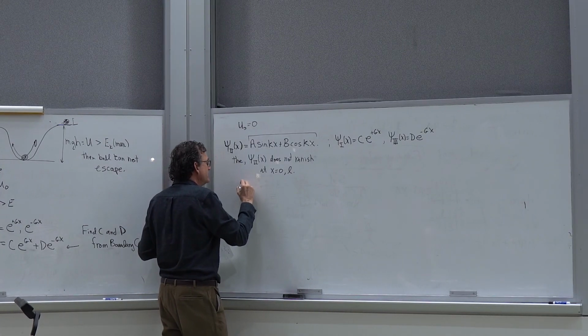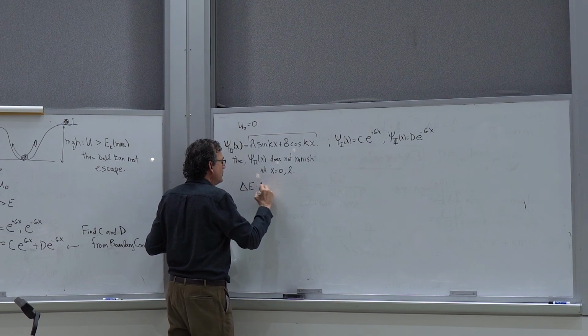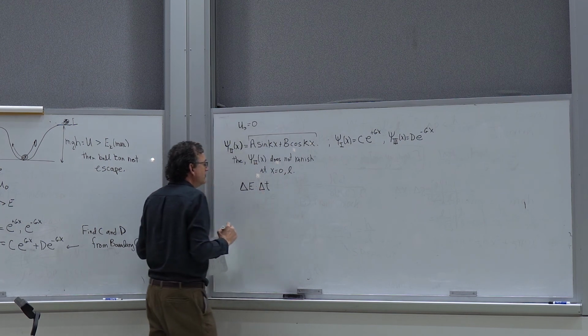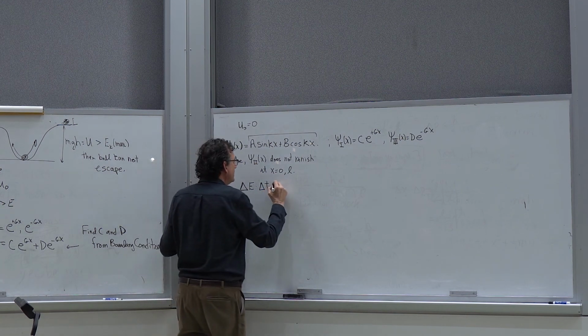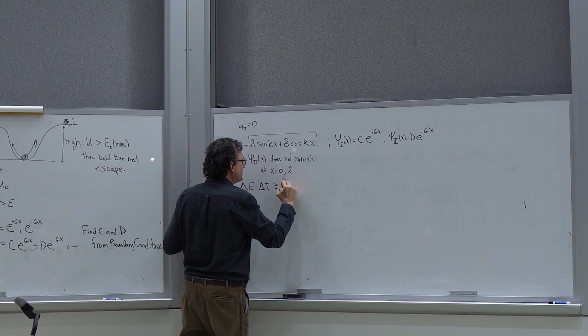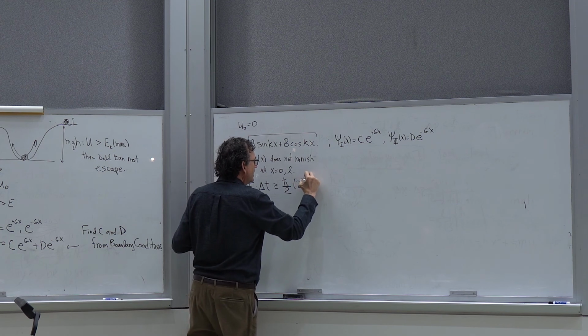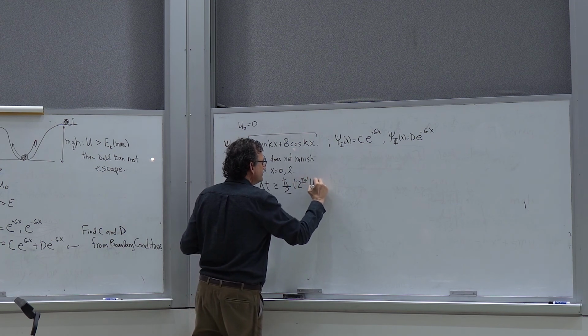So the second statement of the uncertainty principle is that the uncertainty in the energy times the time over which the energy conservation can be violated is greater than or equal to h bar divided by 2. Okay? So this is the second uncertainty principle.